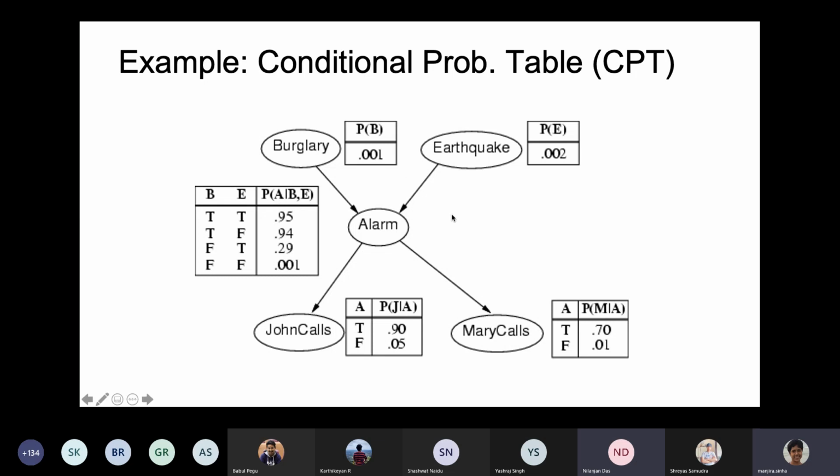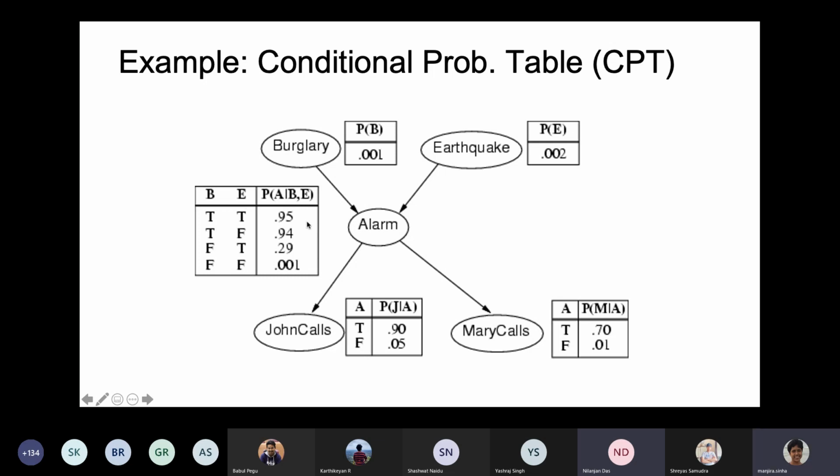burglary and earthquake both have occurred, and the alarm can malfunction. So how would I find this out? Because my alarm has only two states, this is P of the alarm given both burglary and earthquake being true. If it is 0.95, then what is the chance that it hasn't occurred? The total probability is 1 in all situations, so it will be 1 minus P of A given B comma E, so it will be 0.05.